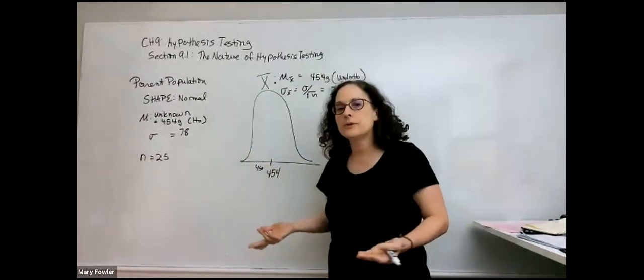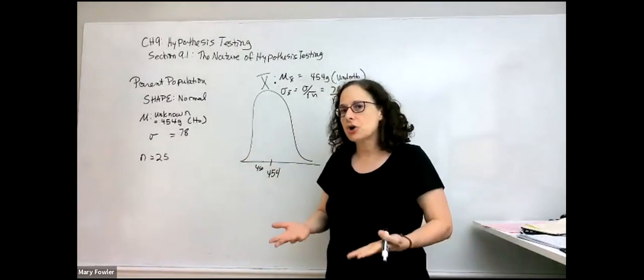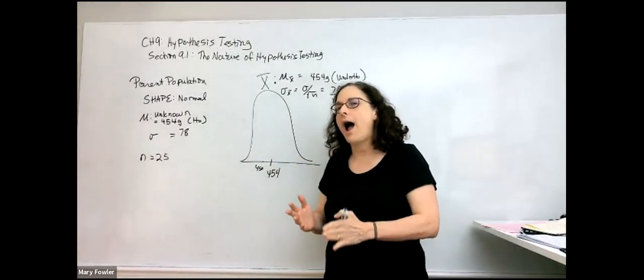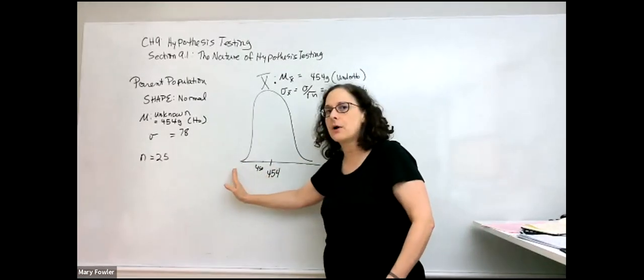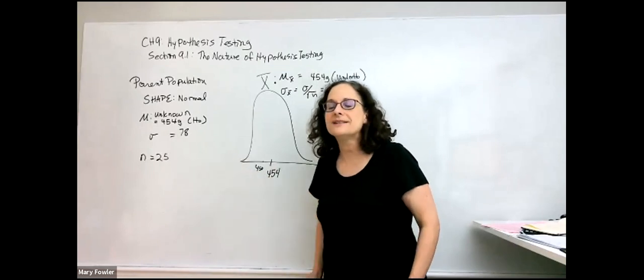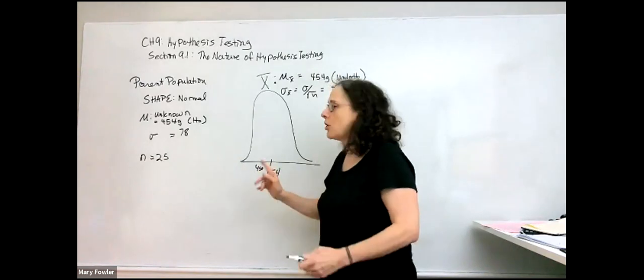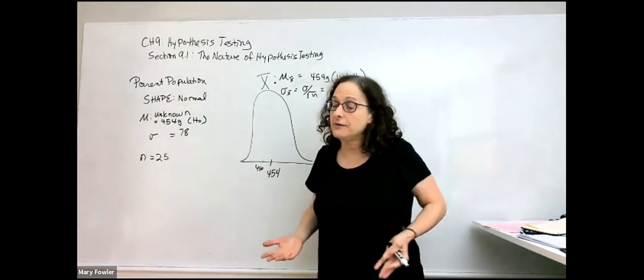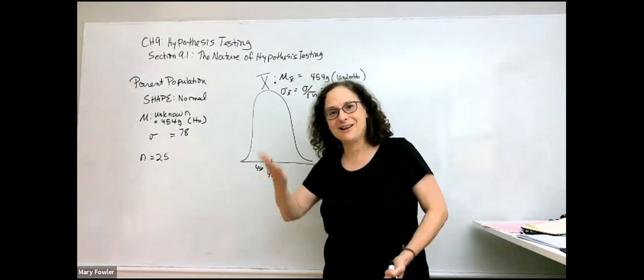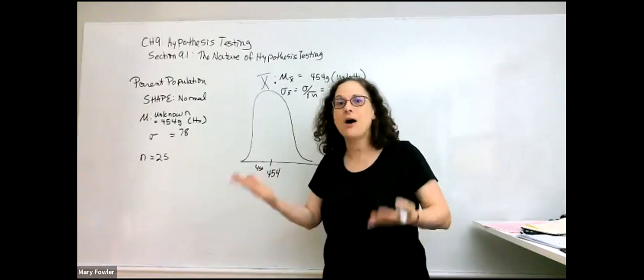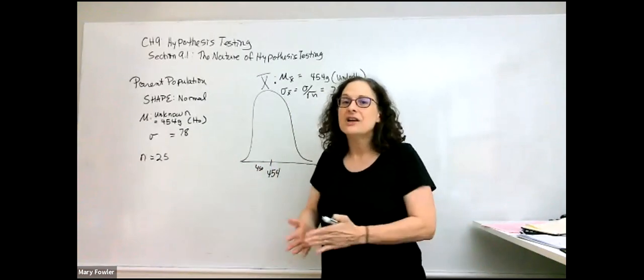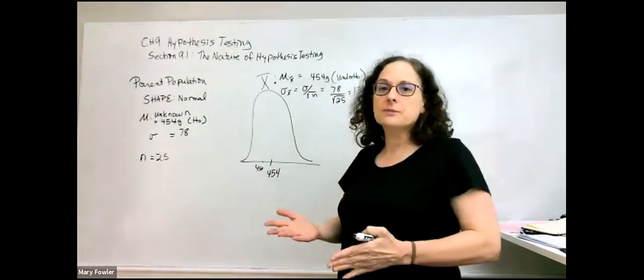We need to come up with some criteria to determine how far away X bar has to be before we take that machine down and recalibrate it, right? And so we get to decide, maybe the boss gets to decide. Upper management might decide how much evidence we need to warrant recalibrating the machine.